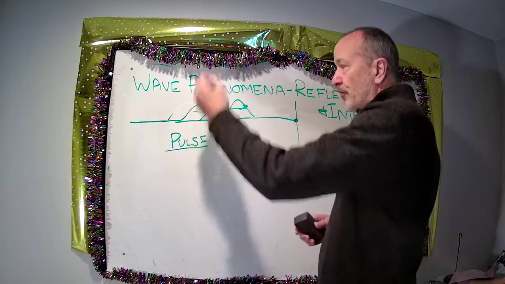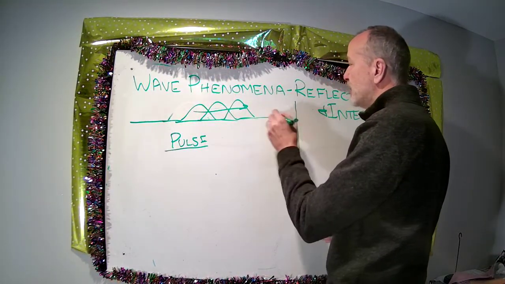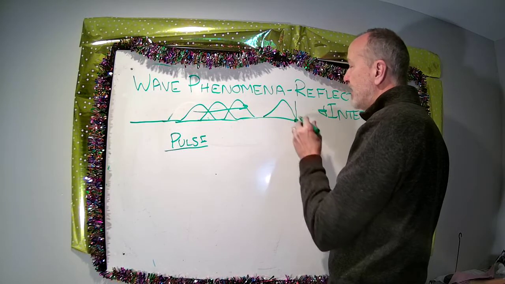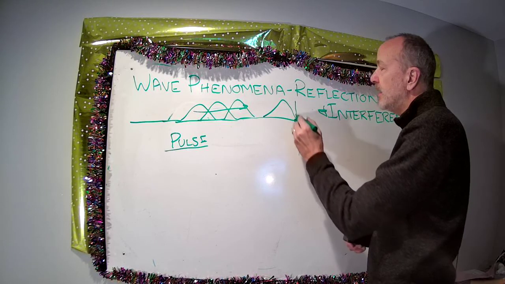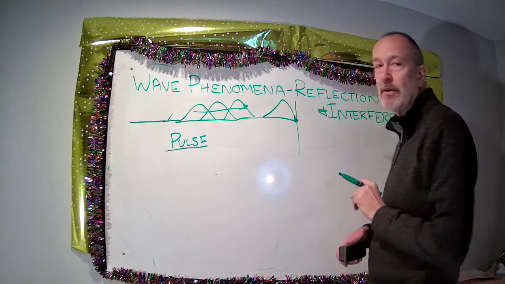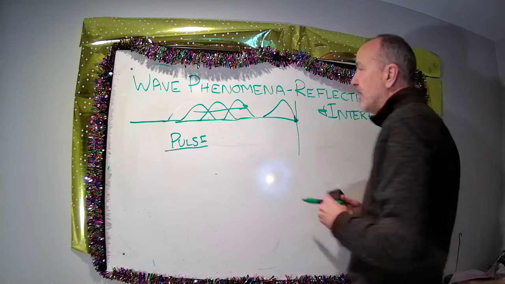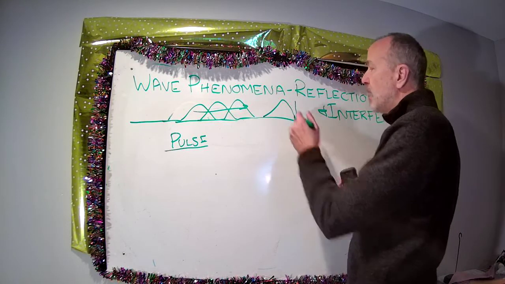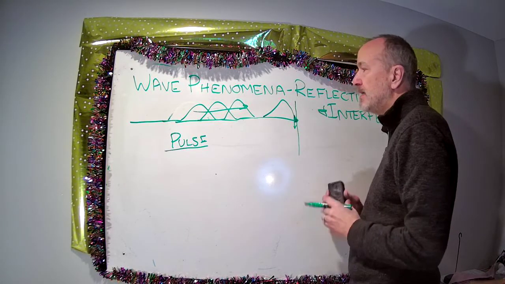Remember, the particles are just moving back and forth because it's a transverse wave. But when it gets over here, right at the end, this is going to pull up on the wall, and Newton's third law means the wall will pull down on that rope. So it pulls it down, and it goes past equilibrium and down there.